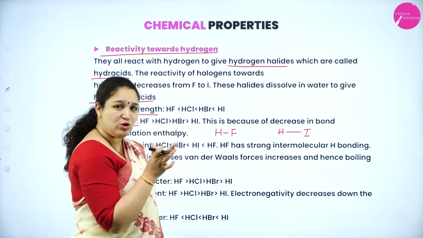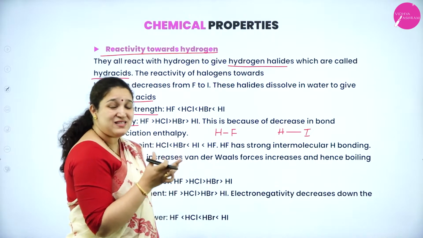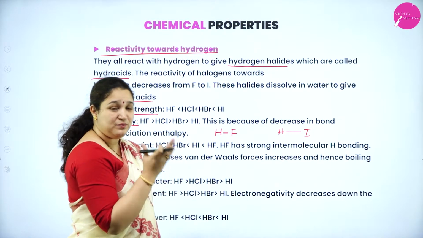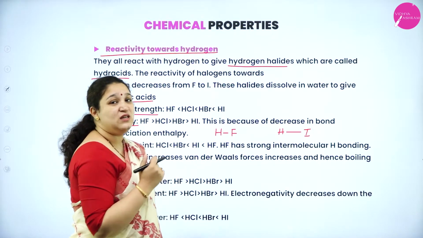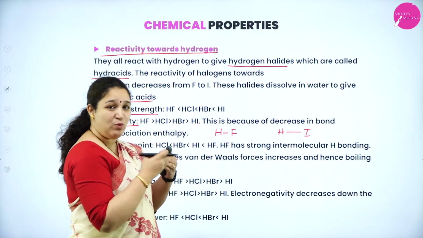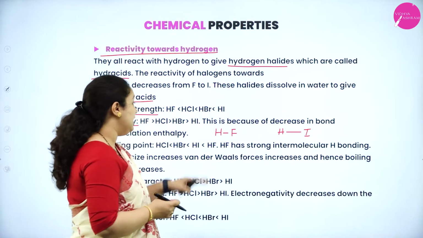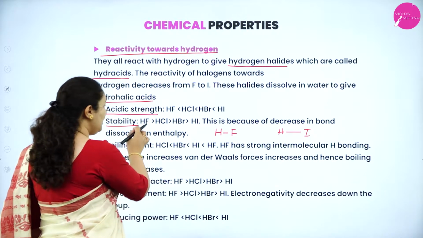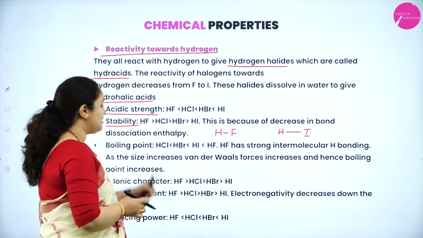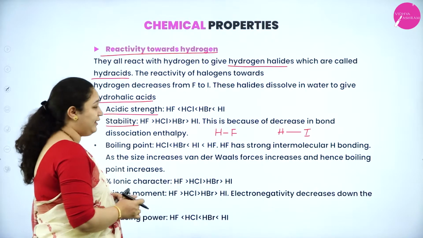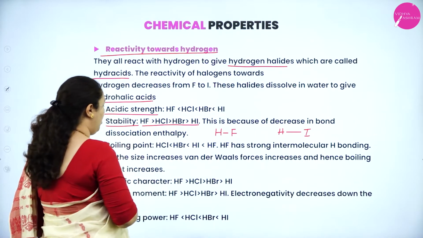Thus the bond length also becomes bigger. As the bond becomes longer and longer, it is easy to break. Thus the stability of hydrogen iodide is least compared to that of hydrogen fluoride, and it follows this particular order.